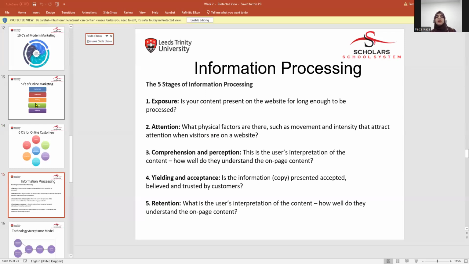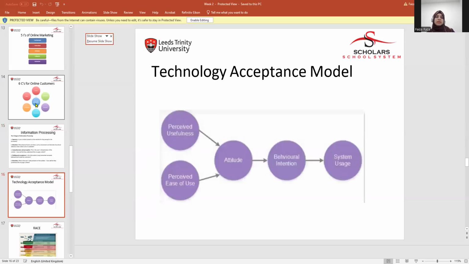Comprehension and perception is the user's interpretation of the content: how well do they understand the on-page content? Yielding and acceptance is whether the information presented is accepted, believed, and trusted by the customers or not. Then retention.